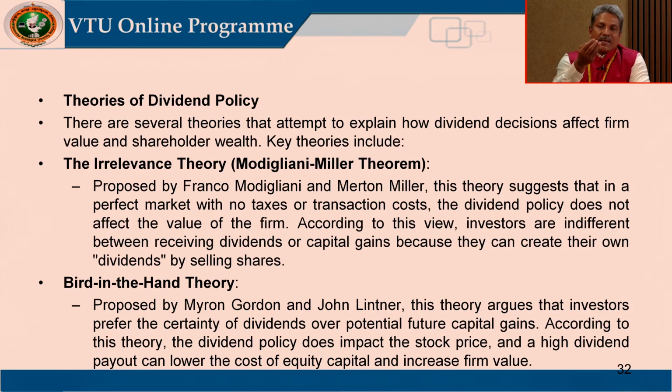If the company says that in the future you will get more dividend if we forego the dividend for this current year, usually the shareholders will not agree. Why? Because 1 rupee today is better than the 10 rupees which may or may not come in the future.